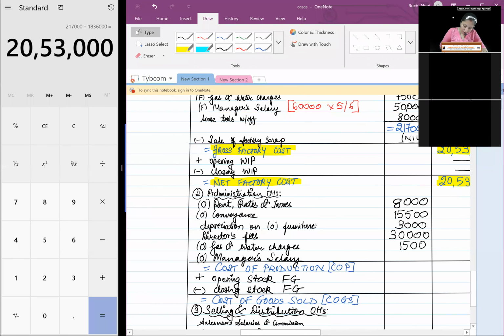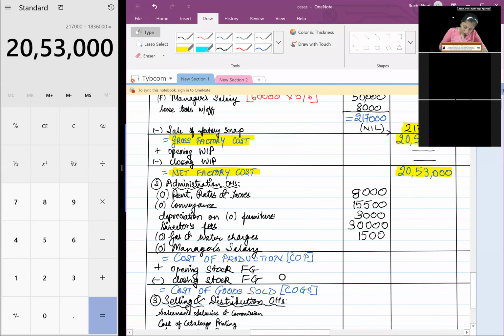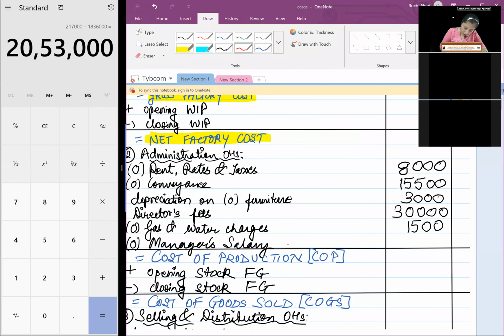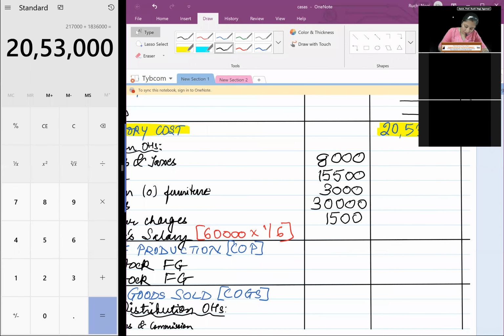Office manager's salary. So this information was there in my adjustment. So 60,000 into 1 divided by 6. Okay, 60,000 is divided in the ratio of 5:1. Fine. So my answer here is 10,000.